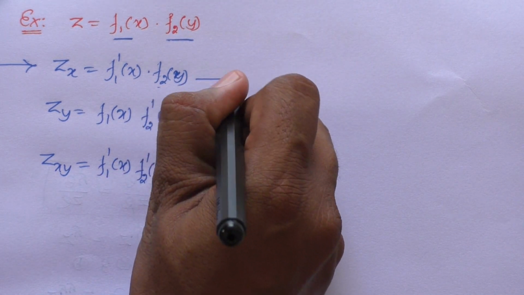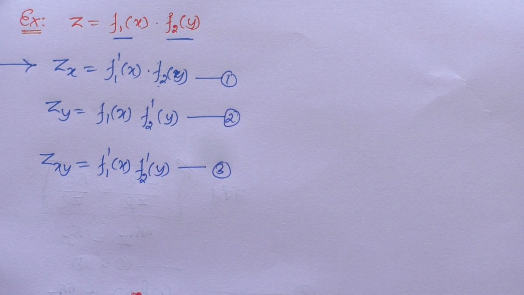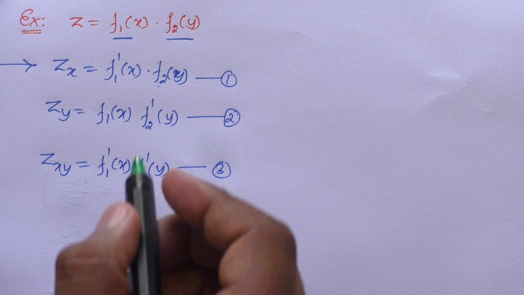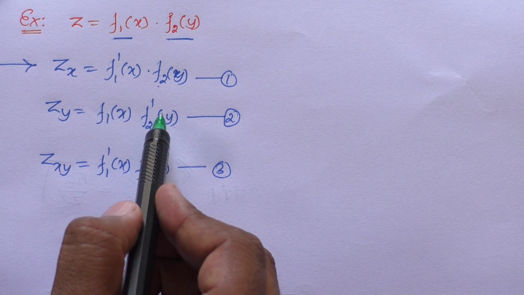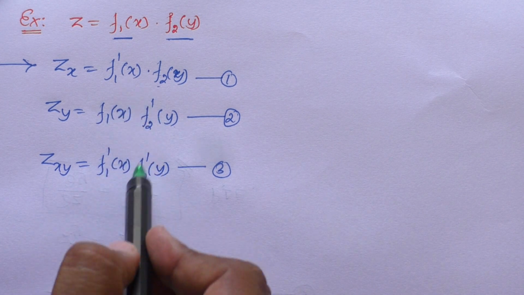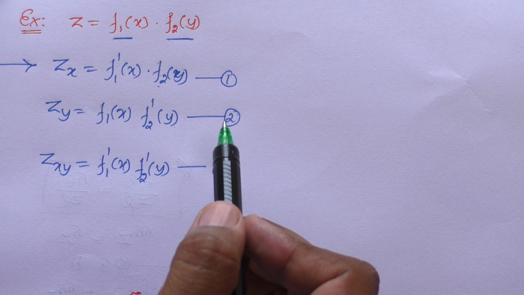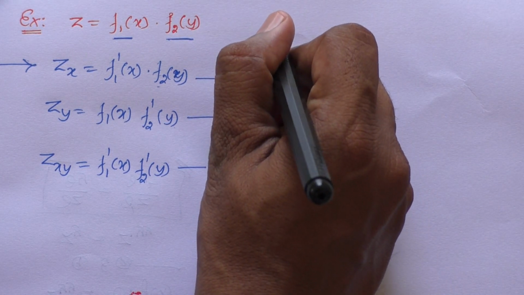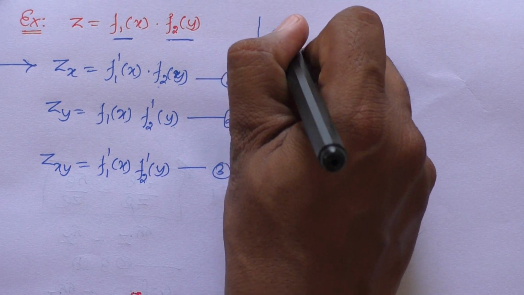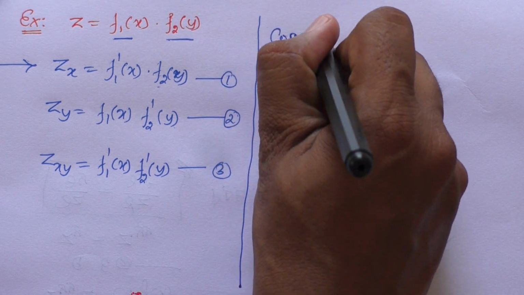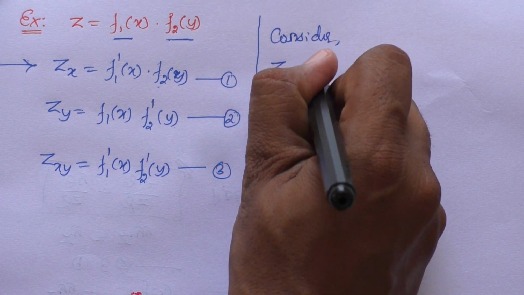So if you take this as 1, this as 2, and this one as 3, from this what we can understand here is f1 dash f2 dash we have, that is zxy, and f1 f2 is this z. So consider in this problem zx into zy.